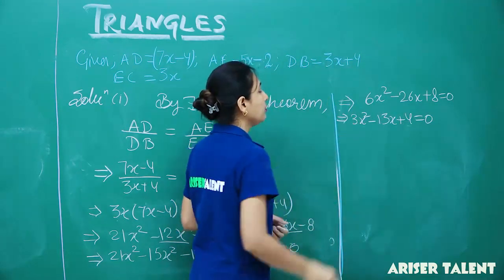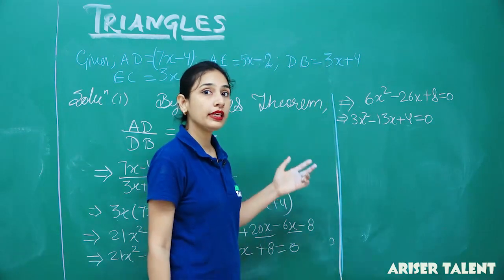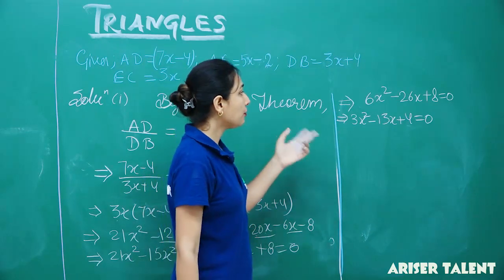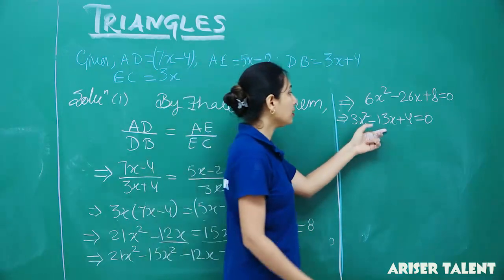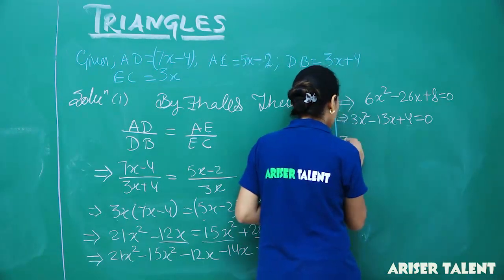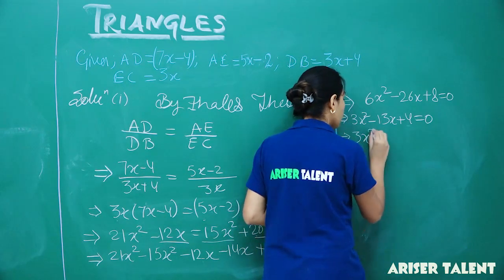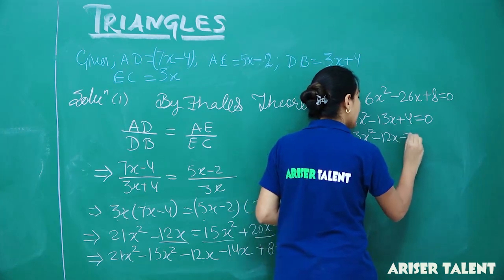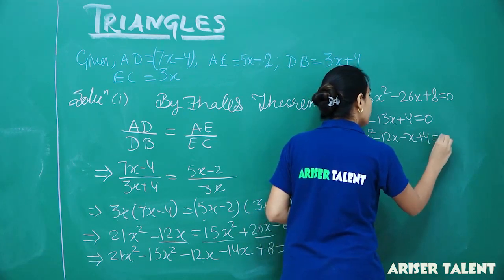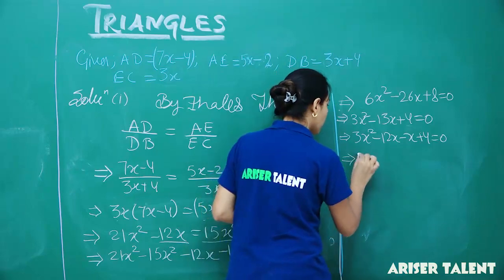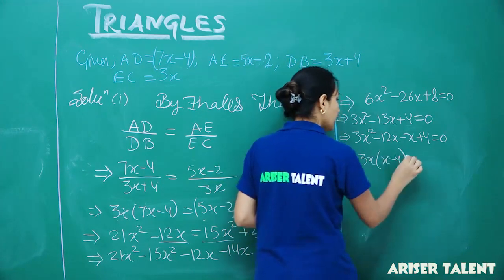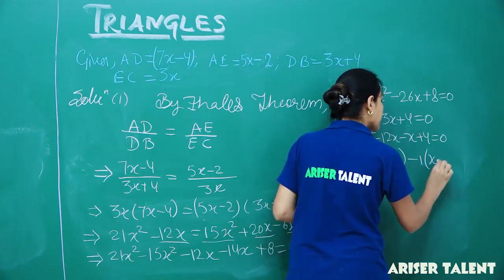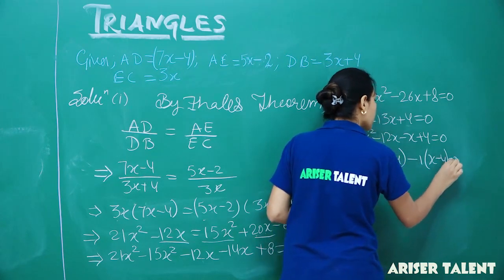Now 4 into 3 is 12. So 12 multiply by 1. Okay, so it will give you the factors like this: 3x square minus 12x minus x plus of 4 equals to 0. Then this will give you 3x common, x minus 4, minus 1, x minus 4 equals to 0.